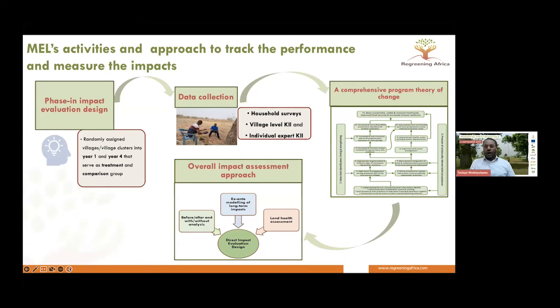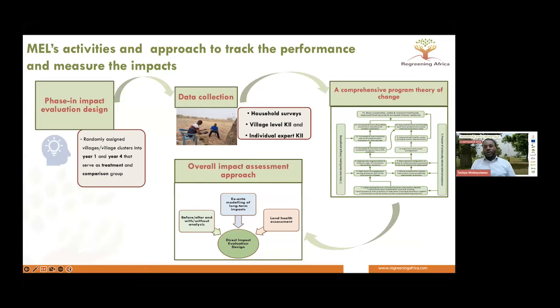In addition to the household survey, we have also conducted key informant interviews at the village level, and individual expert key informant interviews with experts in the regreening and land restoration areas. The team also developed a comprehensive program theory of change, which guided the overall impact assessment that the MAIL component used to evidence the impact of the program.